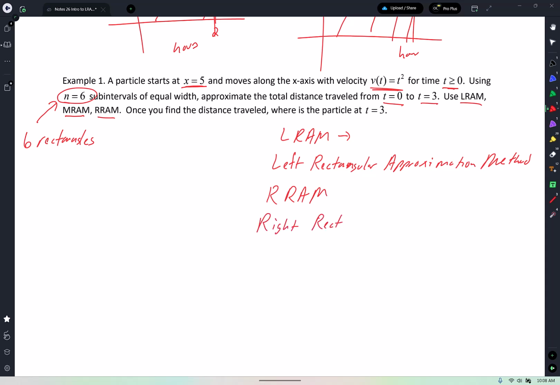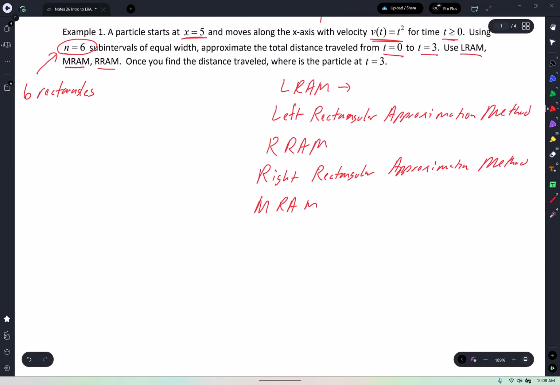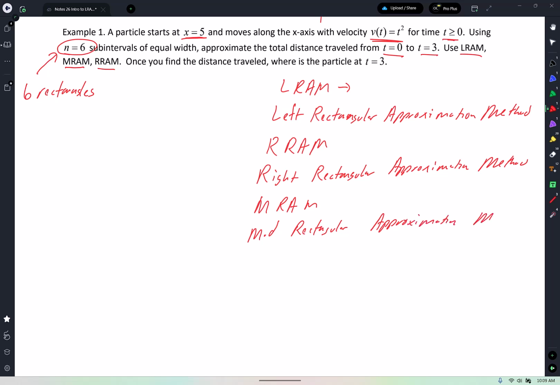Right rectangular approximation method. What do you think MRAM stands for? Not like, oh, it's mid, like middle. Mid rectangular approximation method.